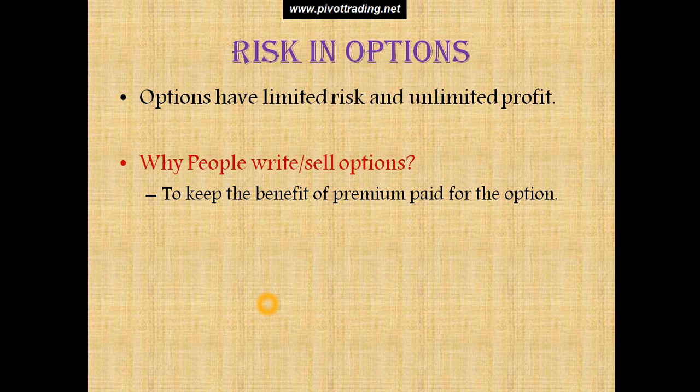That is your maximum risk. And the benefit is unlimited. If the price of that particular underlying goes beyond your anticipated price, the amount of profit that you can make is unlimited.